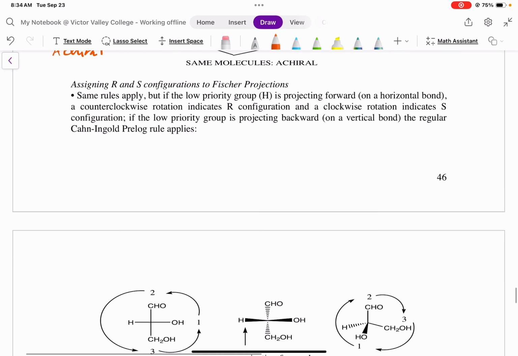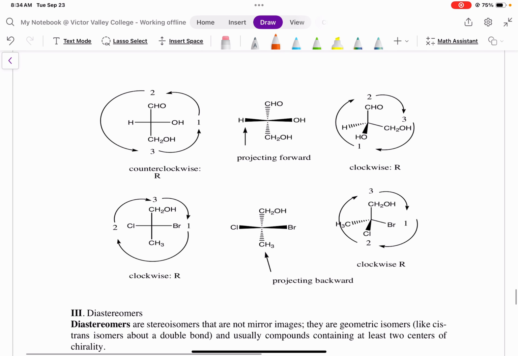All right. Some more examples here for us to look at. Yep, forward. Okay.